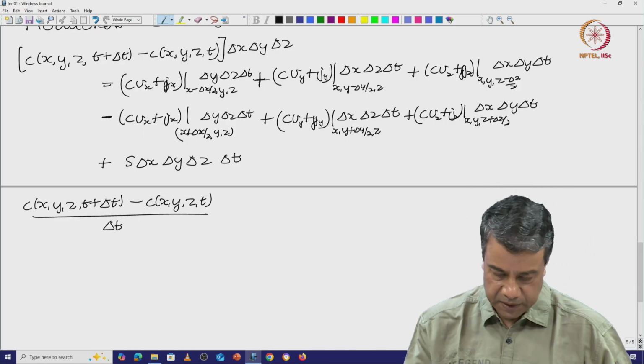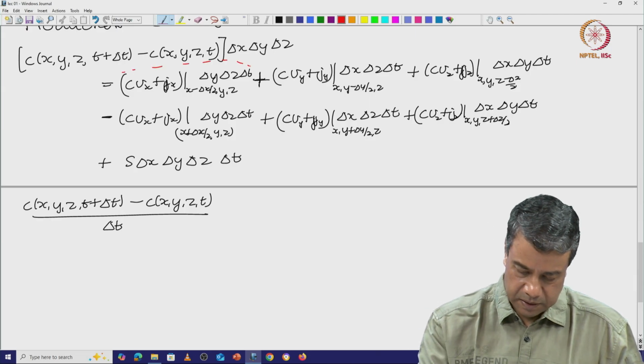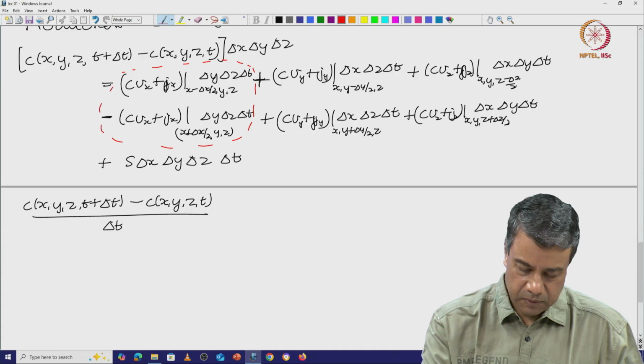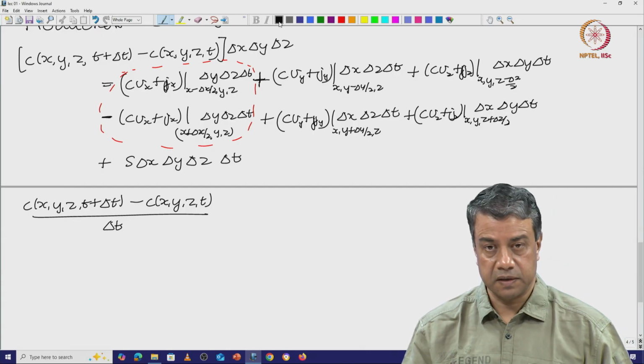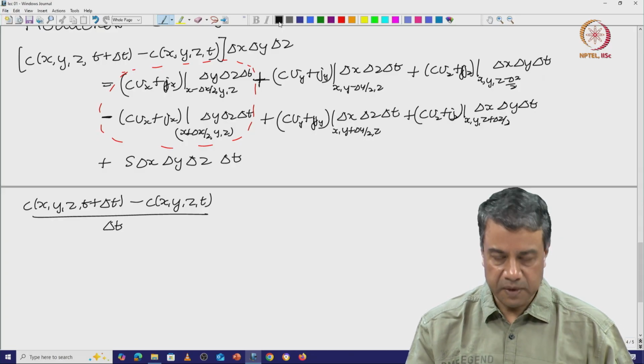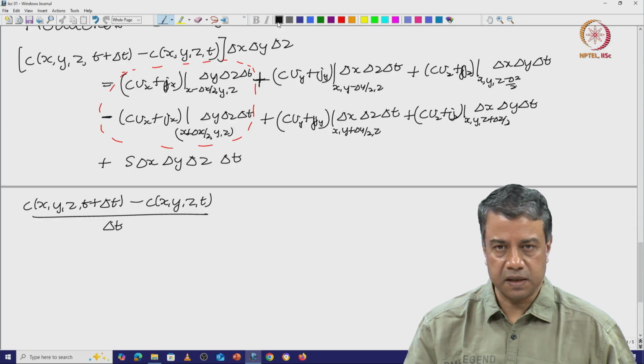On the right side, I can combine these two terms here: what is coming in and what is going out of the surfaces at constant x first. When I divide by volume and divide by time, you can see that this is multiplied by delta y, delta z, delta t.